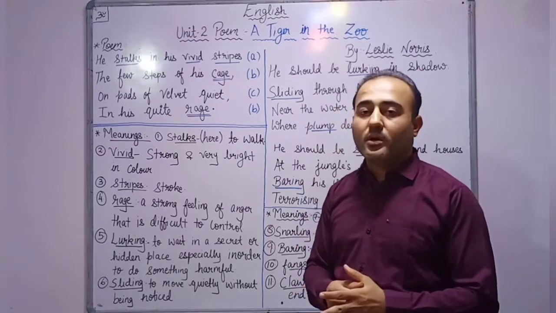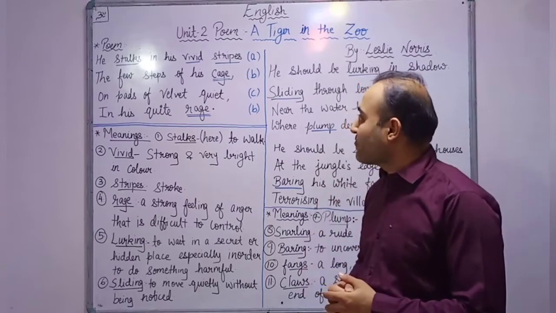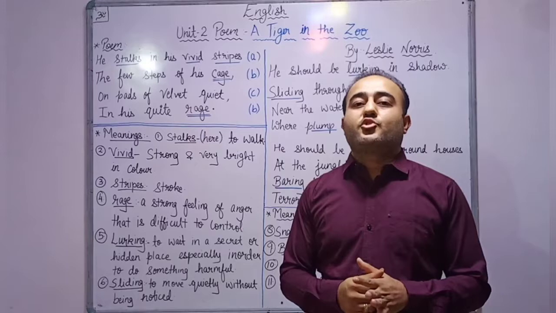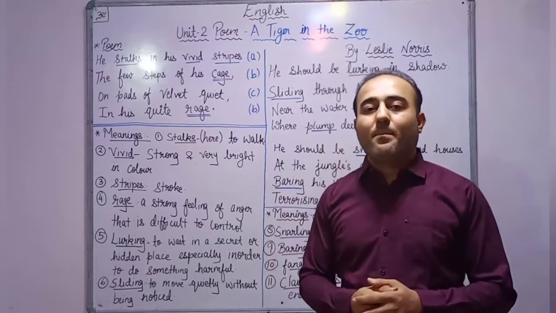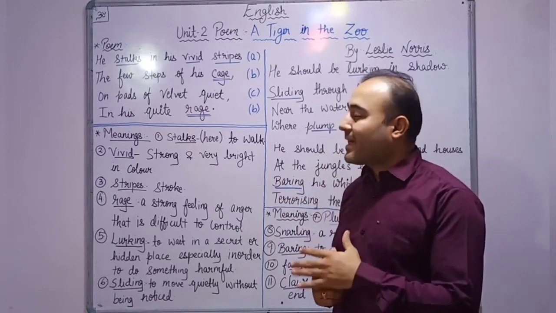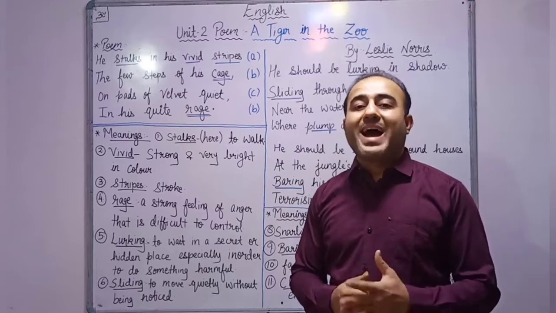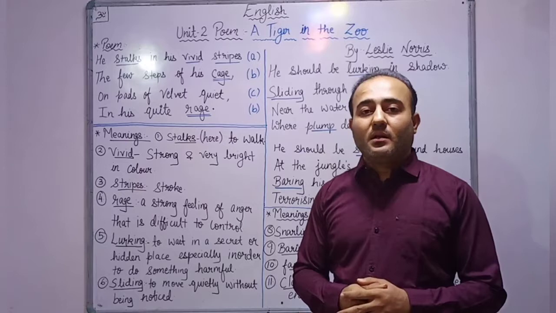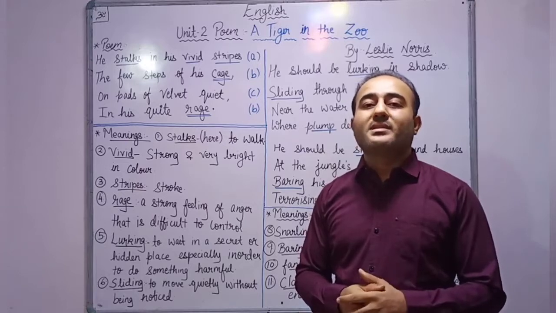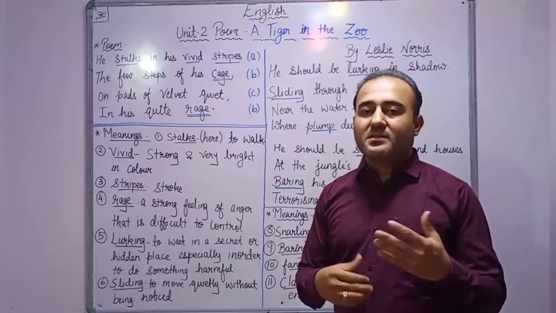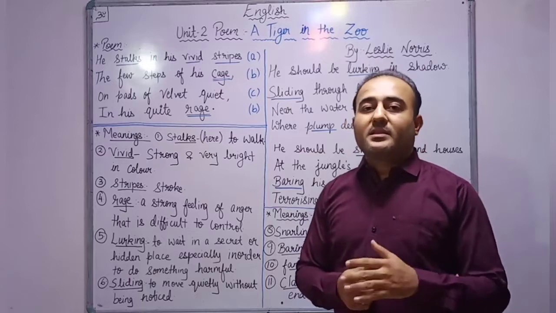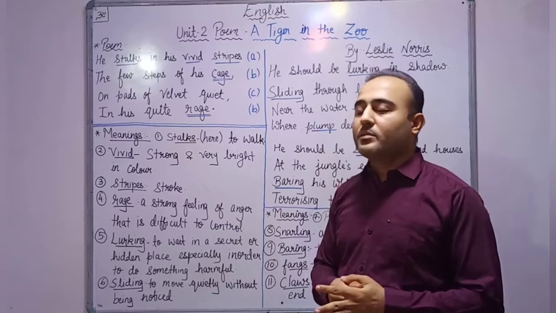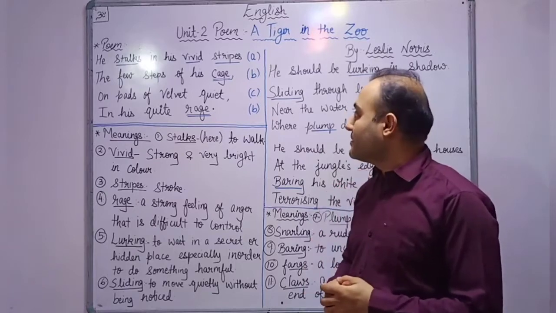Through these words, the poet explains that the black color strokes present on the tiger's body are very dark in color, right? So therefore they are visible even from far off or distant places.